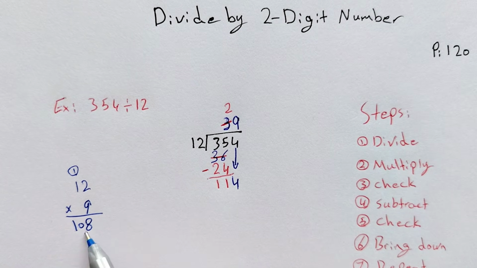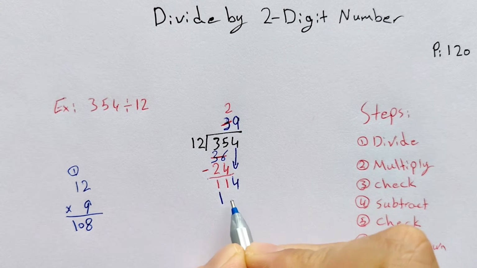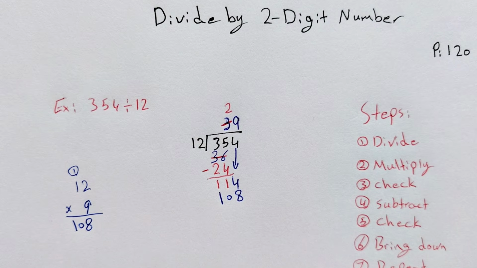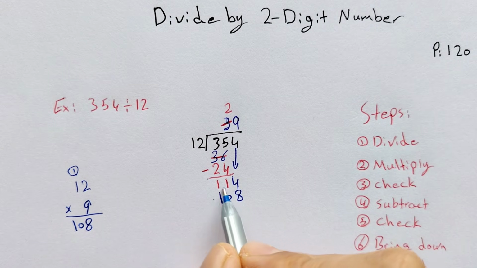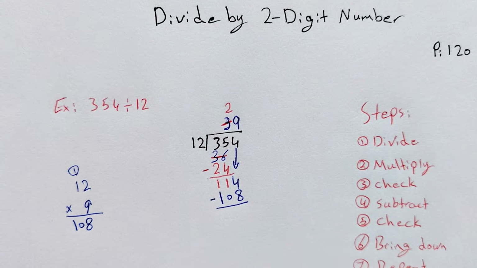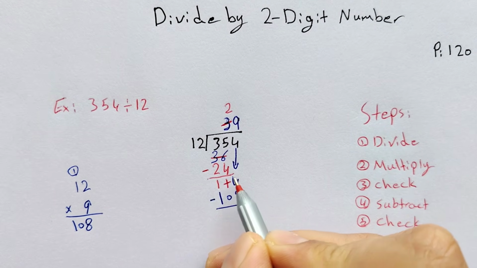Now I'm going to write this here: 108. Okay, now we check. Can we subtract? Yes, because 108 is less than 114. So we subtract it. 4 minus 8 we cannot, so we take 1 from that.